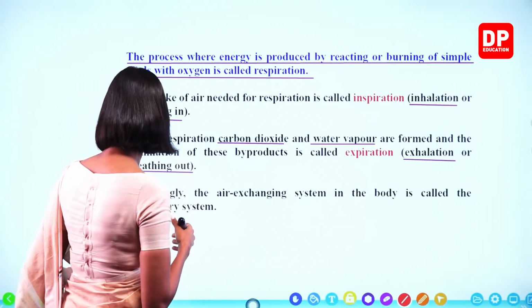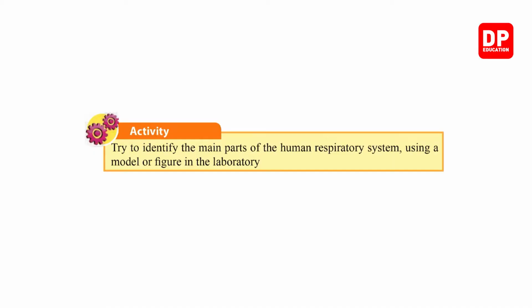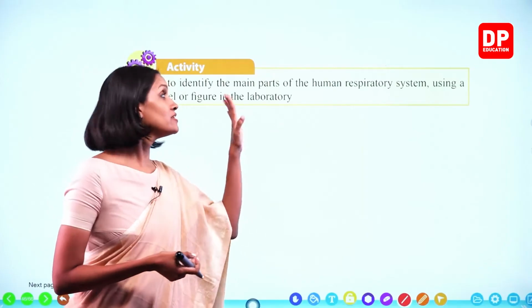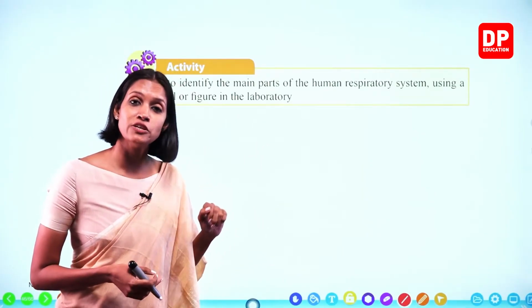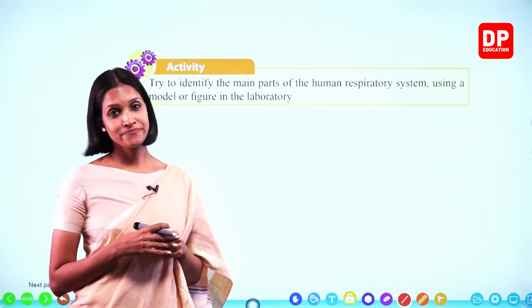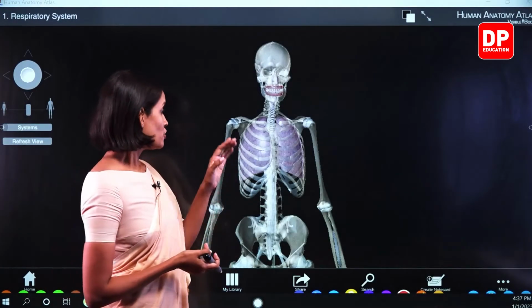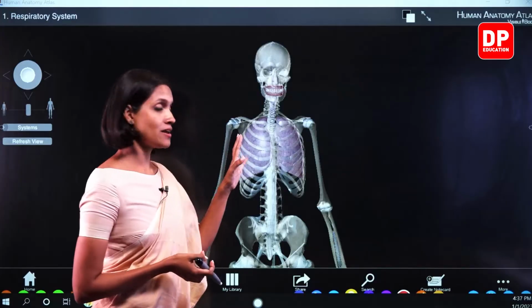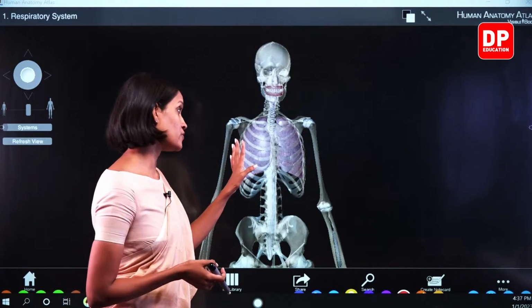So we have this activity. Try to identify the main parts of the human respiratory system using a model or figure in the laboratory. We are going to identify them using a 3D structure. Now, using this 3D picture, I am going to show you the respiratory system.